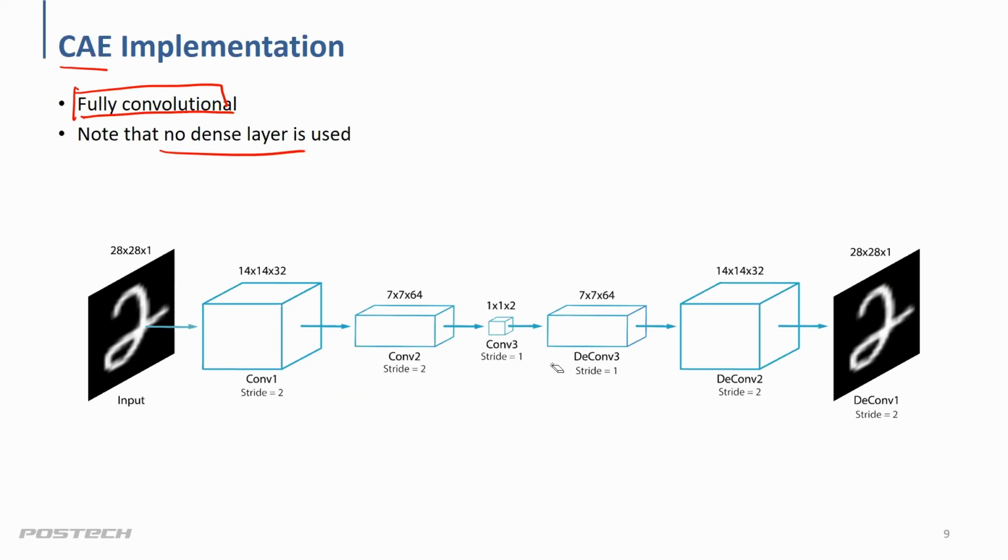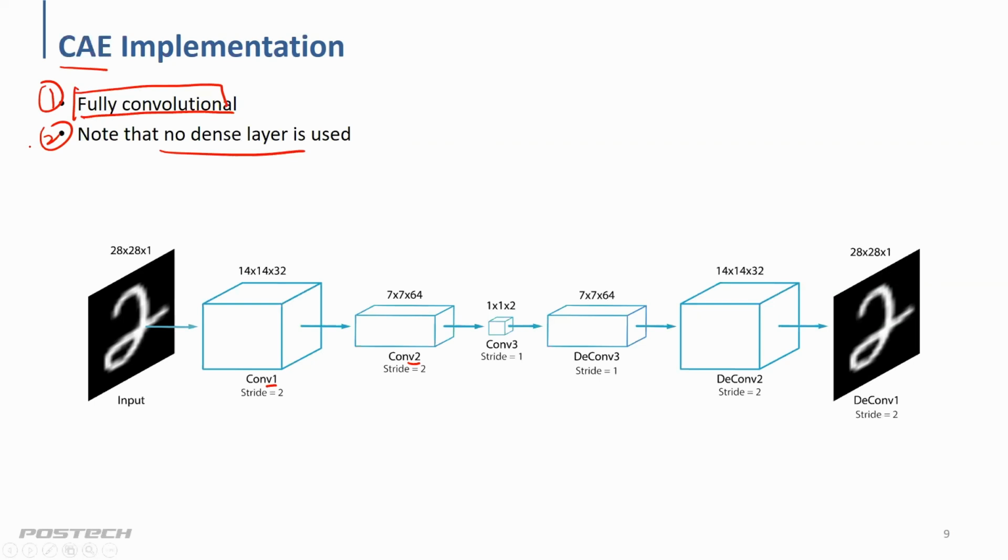One thing I want to mention here is that I use decomp, but it's not deconvolutions. You use the convolution, transpose convolutions, but I use the name decomp. For the naming, I have inputs and conv1, conv2, and conv3, and in the decoder, I number them in the opposite way, 3, 2, 1. And again, it's fully convolutional, and there are no dense layers.